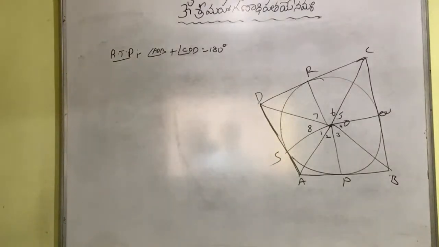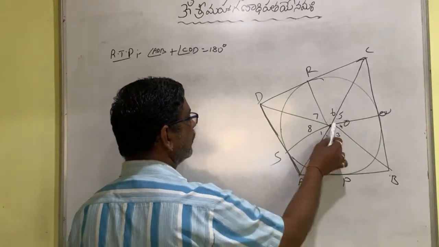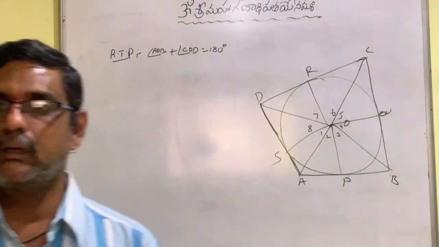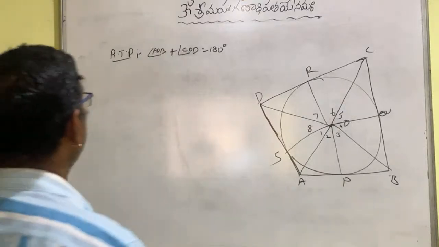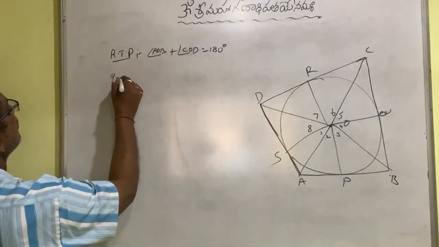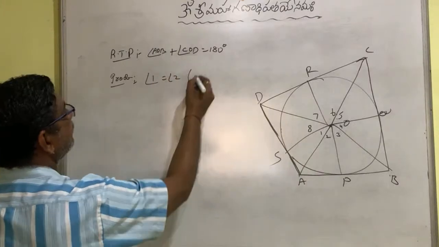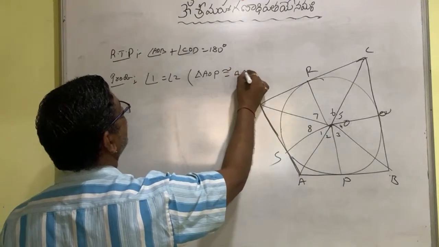Why? Because triangle AOS and triangle AOP are congruent.